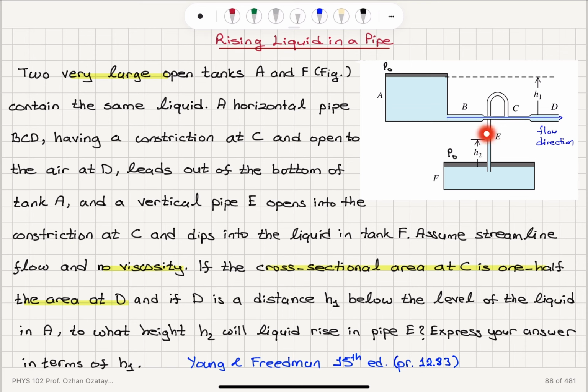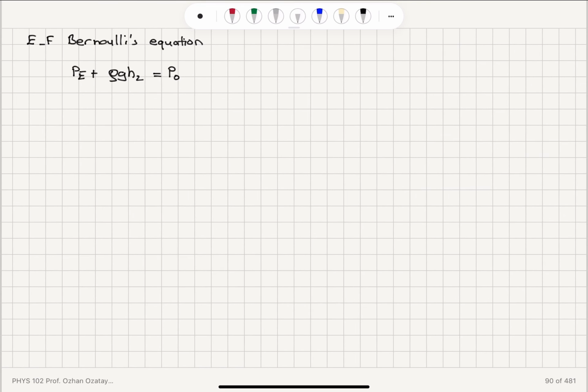So we only have a potential energy term here. And this gives me pressure at point E, which is the pressure at point C, is P0 minus 3 rho GH1, plus rho GH2 is equal to P0. So the P0s disappear. And this tells me that H2 is 3 times H1.